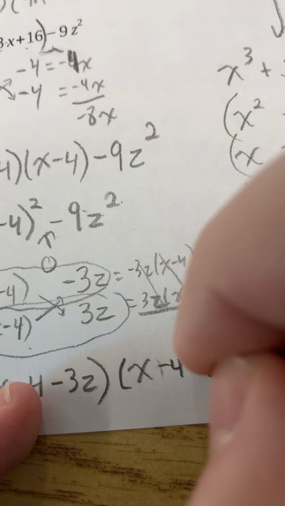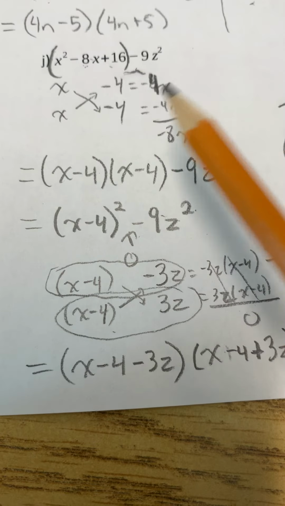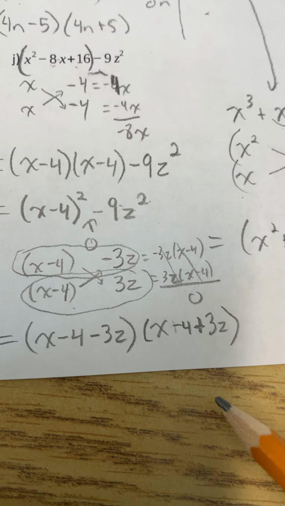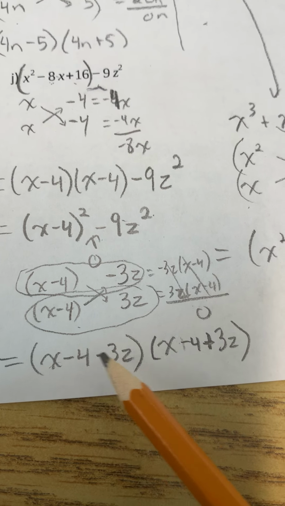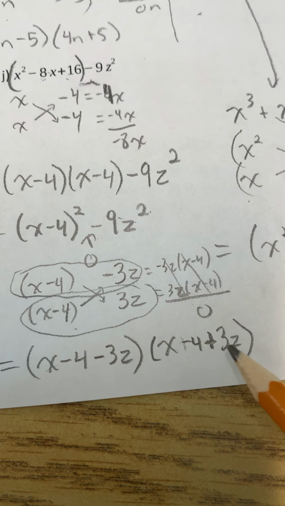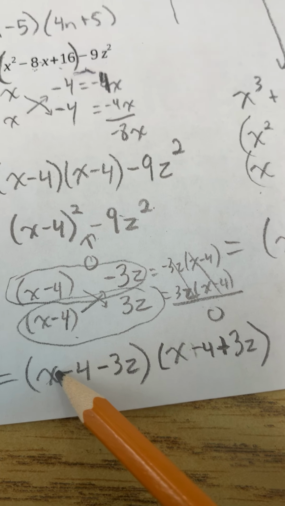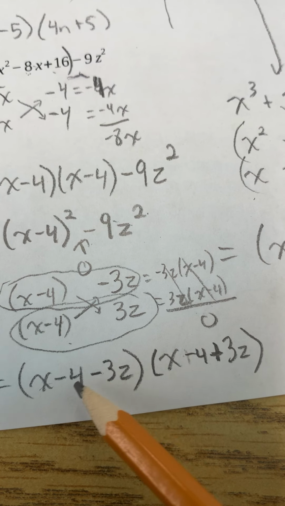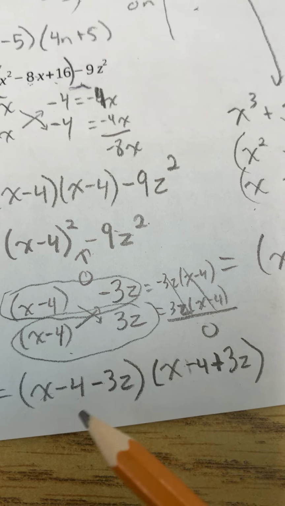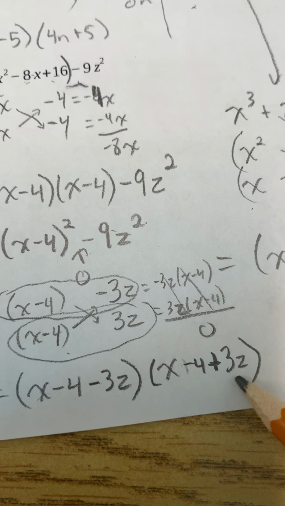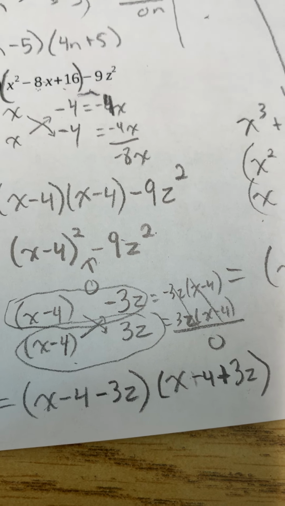This one's plus. Okay, that one's a tricky one. Takes multiple steps. So x minus 4 minus 3z, and then x minus 4 plus 3z. You could put them in order. So if you wanted to, it could be x minus 3z minus 4, so letters, alphabetical order, and then x plus 3z minus 4, but it doesn't matter.